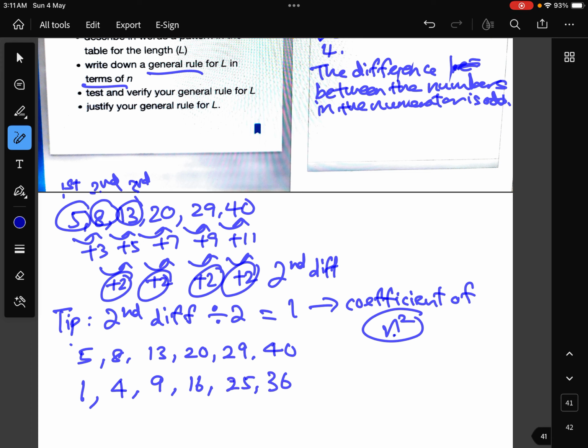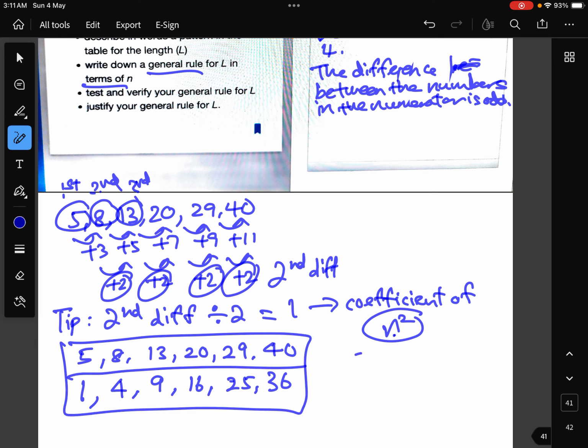Now, I want you to compare these two sets of numbers here. This was what was given to you in the question. These numbers came because we started off the general rule with just simply n squared. You probably would have realized that all the numbers in the bottom row are always 4 less than this.